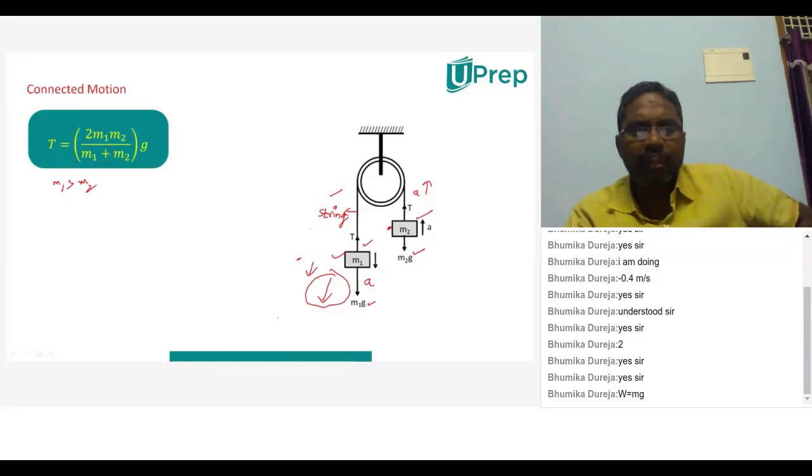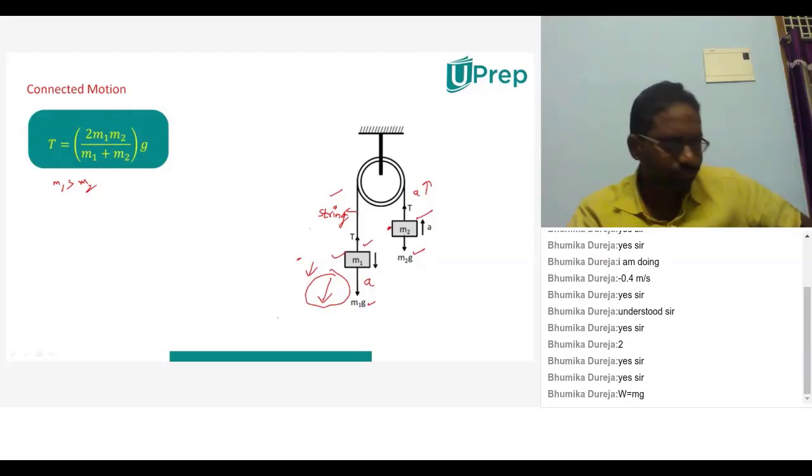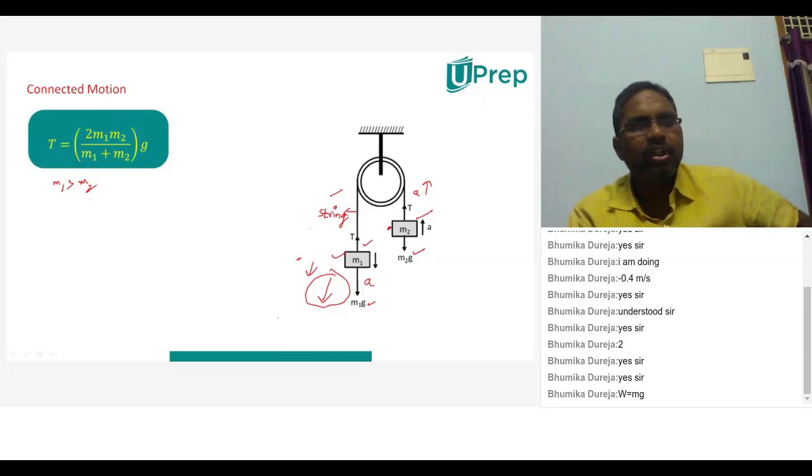And then how do we find the acceleration of the total system? To find the total acceleration of the system, you have to find out how much net force is acting on the first mass, and you have to find the net force acting on the second mass.